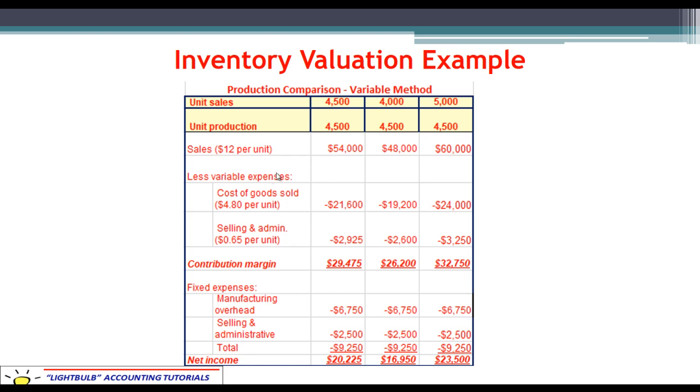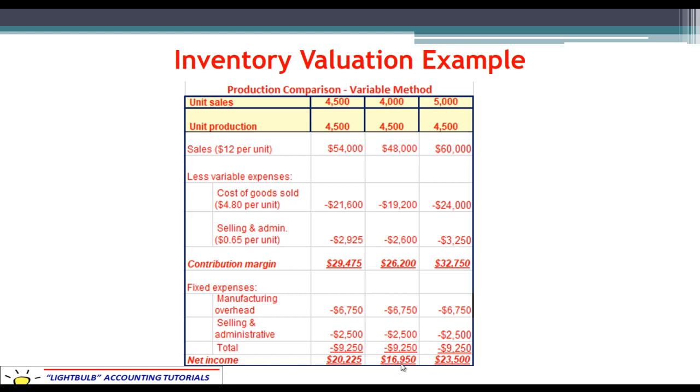We're subtracting out both of those now, and we arrive at a contribution margin, and then we turn around and subtract out both fixed expenses. So we don't have a gross profit figure under this method, and that's fine. But now if we take a look here, we have 20,225 in that situation where we sold the same number of units as we produced.